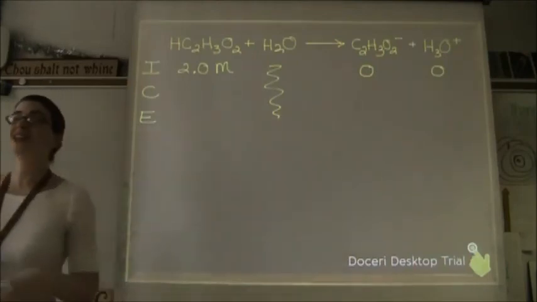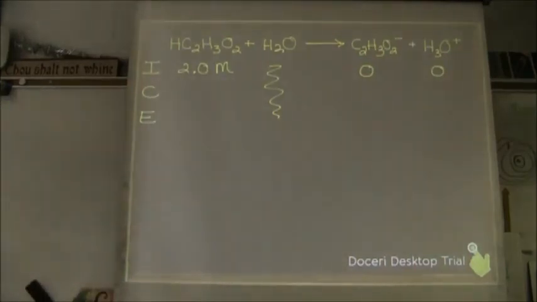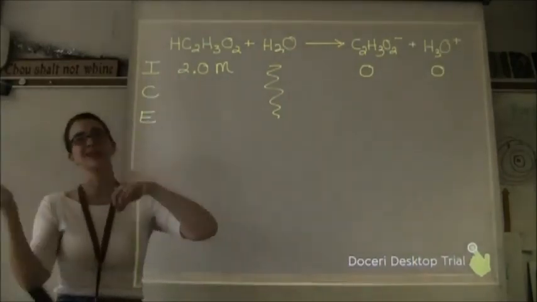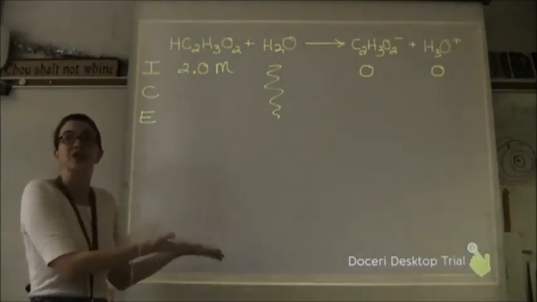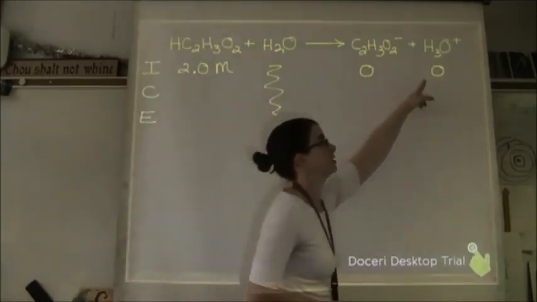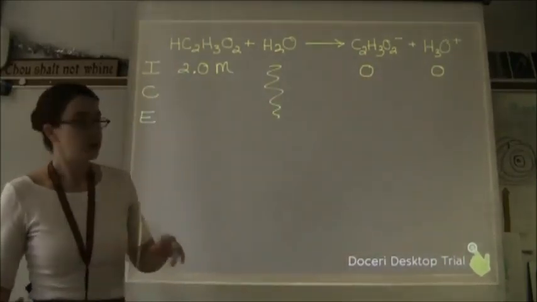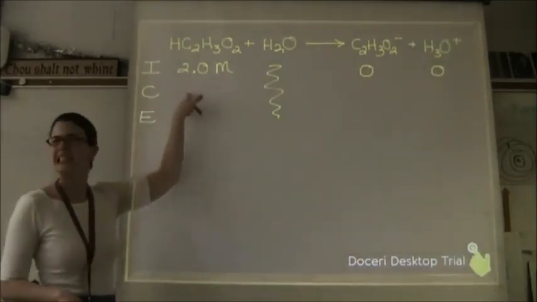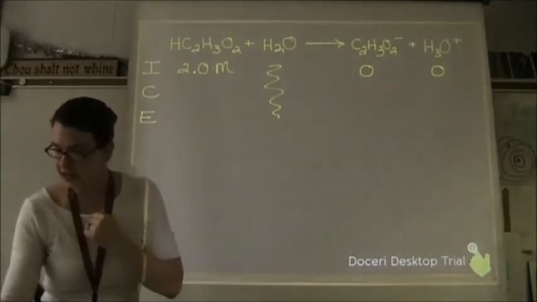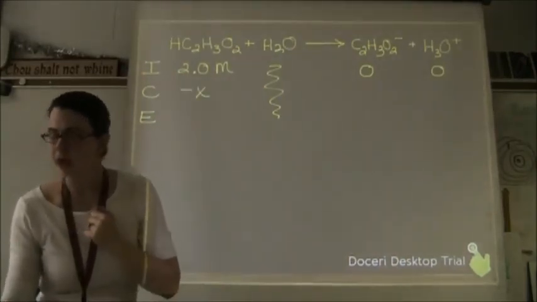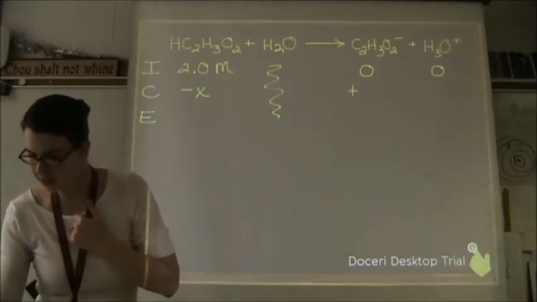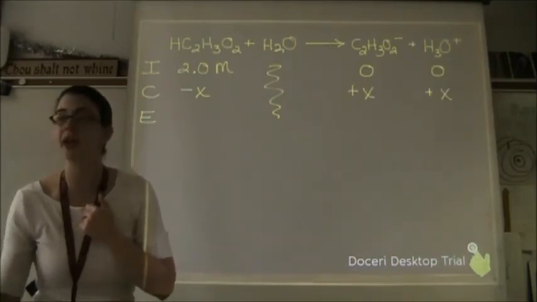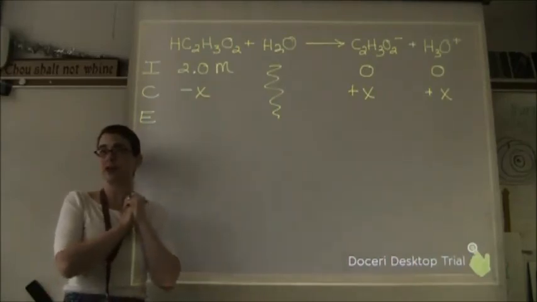Now, believe it or not, guys, these ice table problems are actually easier than the ones you did in first quarter. Because first quarter, you had to figure out whether these things were shifting to the right or to the left. These are going to be shifting to the right always. You can tell that because it's 0, 0. What does C stand for? Change. Okay. Do you remember what we wrote here? Minus X. What about on the product side? Plus X. Here's something else that's going to make your life easier than in first quarter.